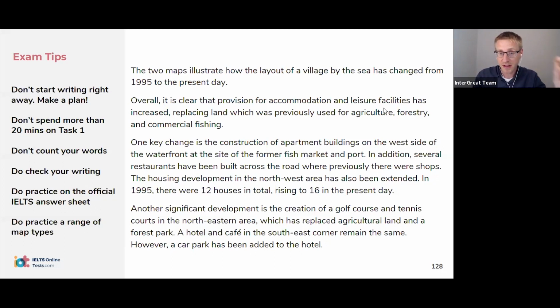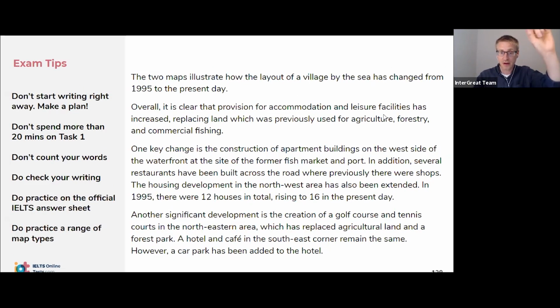So it's by developmental change, but it's also by location as well. And that can be quite a logical way to group your details. So it moves around the map quite clearly. Otherwise, you might find that you're jumping back and forth between different places in the map, and it's a bit harder to follow. Okay, good.